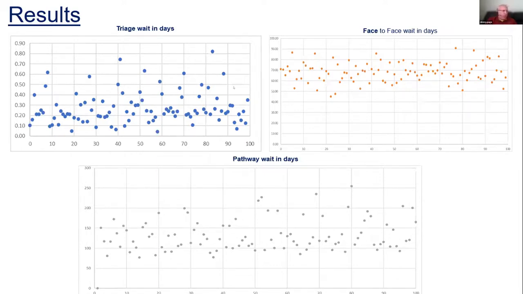Overall, in terms of the pathway wait days for first treatment, we've got a diagram at the bottom here. Again, this one's showing down the middle about 100 to 120 days for our process to get the patient from triage through to that first treatment. We felt this reflected quite well. The minimum breach was about 15 days.